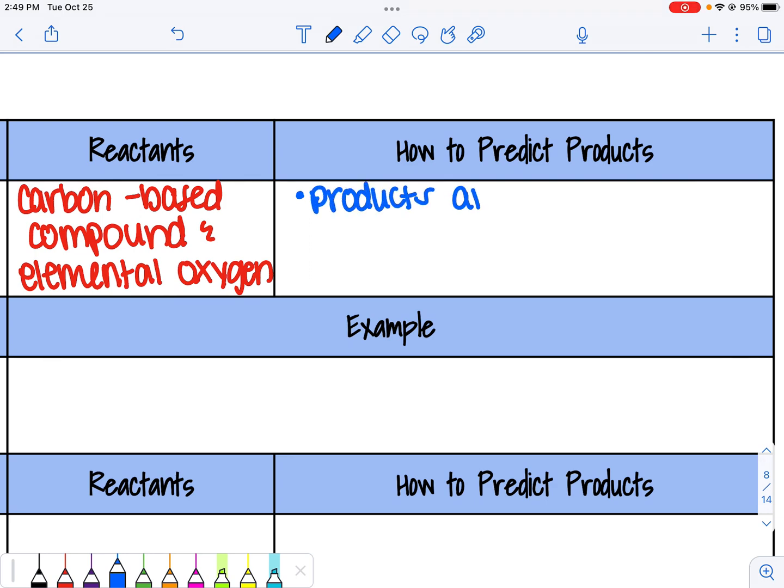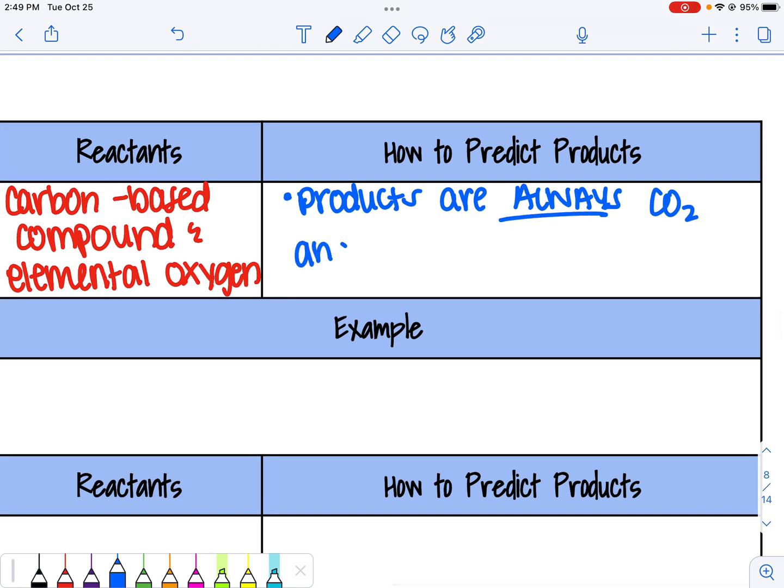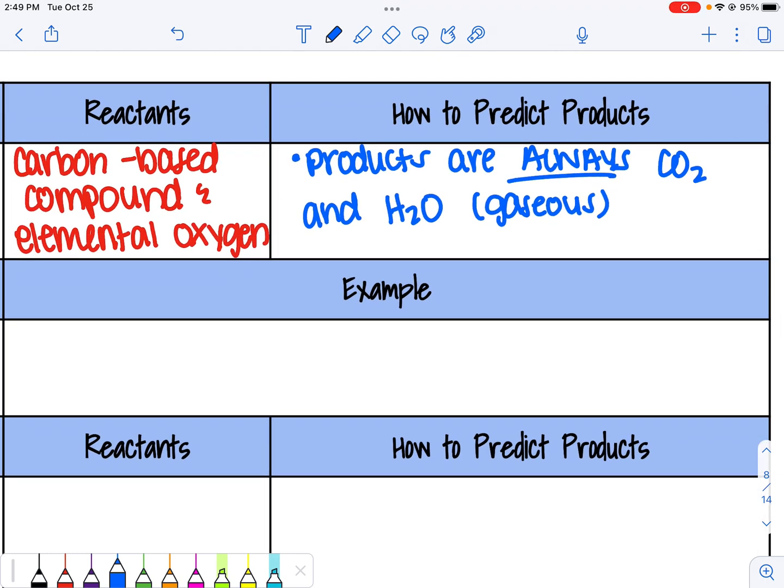Products are always carbon dioxide and water. And remember, these are in their gaseous form. The only thing that can change for these is if, when you go to balance them, you may have to do that doubling trick, remember, because if you end up with a CHO fuel, you'll have oxygen in two places on the reactant side, which are harder to balance.